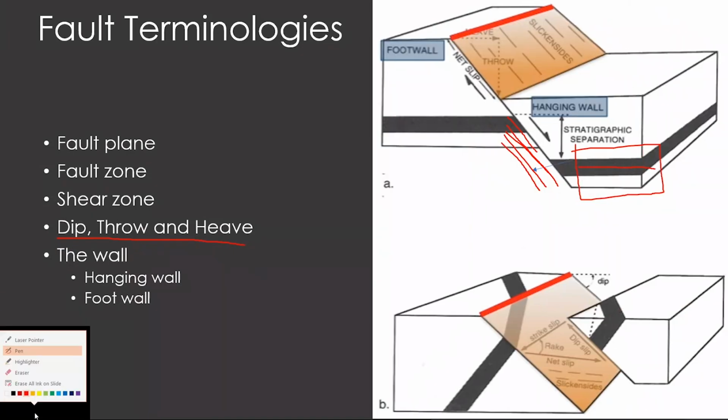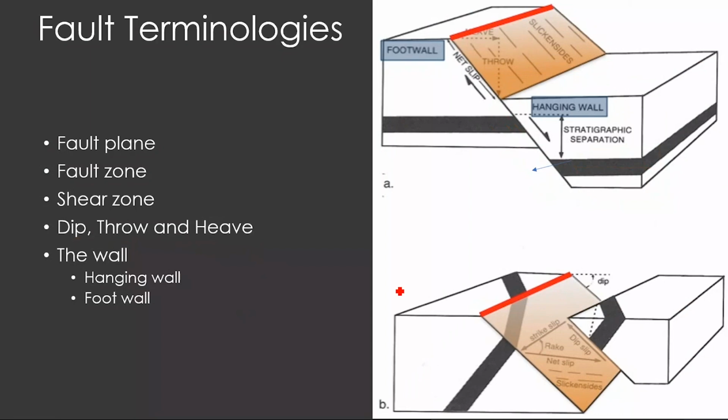Okay, dip, I don't think that I need to explain it again because we have already discussed it. When there is a sloping strata, the amount of inclination created by the sloping strata, we call it a dip, or the amount of inclination of that fault plane.